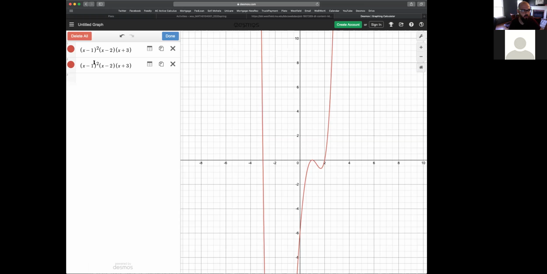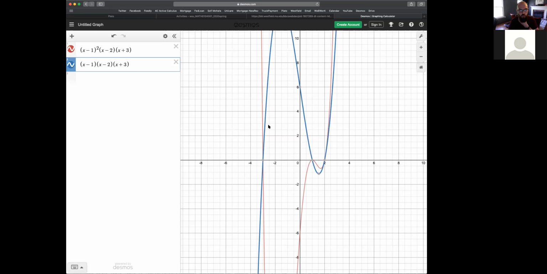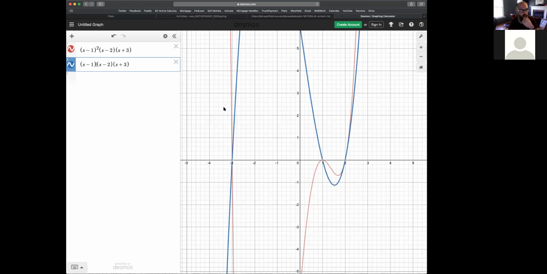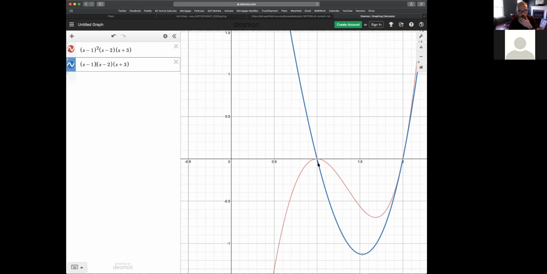So I guess we can do this in Desmos. We can actually graph both of them side by side, right? So when I'm just zooming in on one here, we'll notice that when I had just a 1 as an exponent there, this is the behavior that I see. When I have 2 as an exponent, we see this behavior right here, yeah?